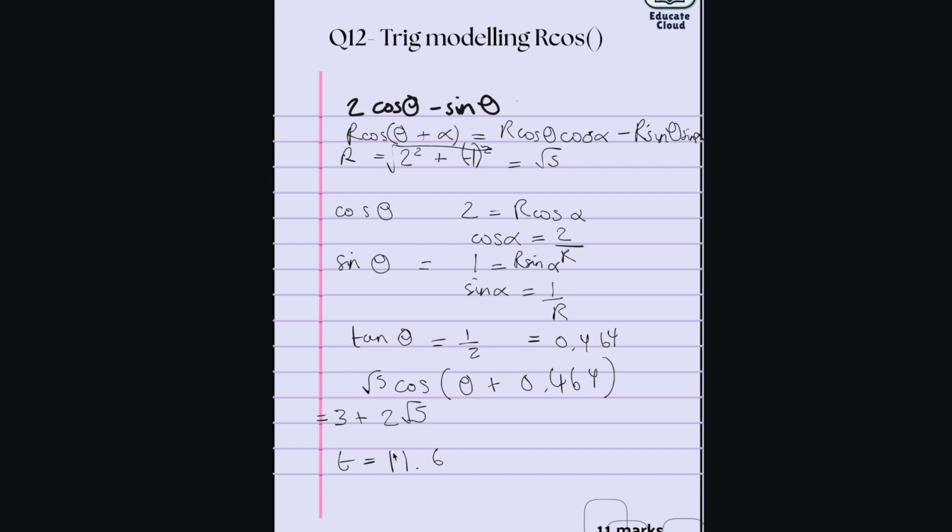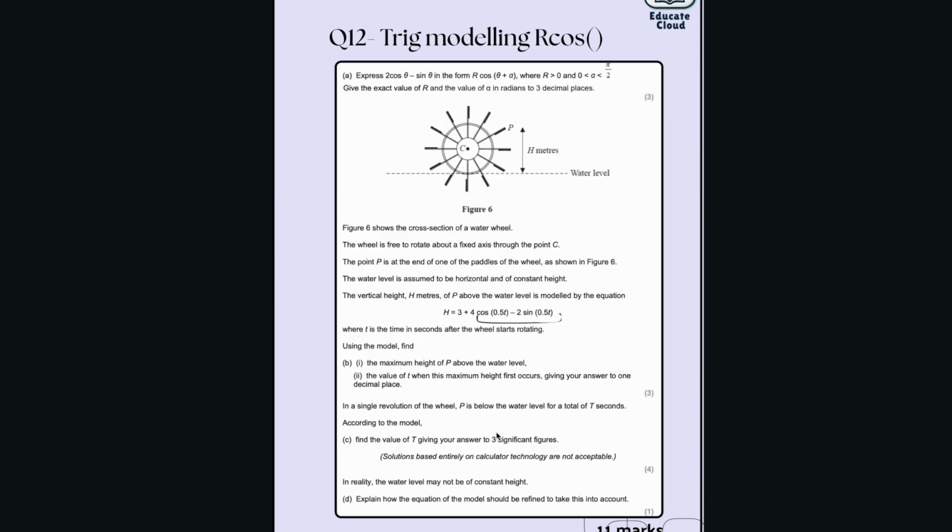Okay? And then the next part is when the wheel goes under the water, when h equals 0. So what we could do is make the 3 plus 2 root 5 cos(0.5t plus 0.464) equal to 0.